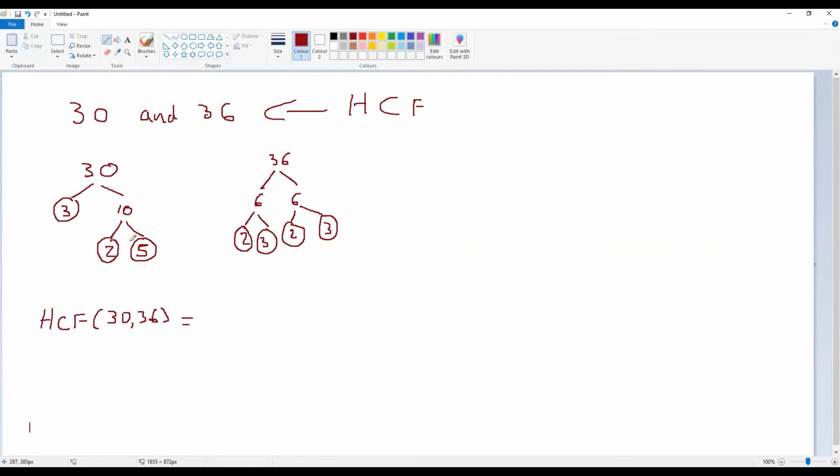Let's start from the extreme left of this tree and work our way through by comparing each number to see whether we can match it with the numbers in the other tree.